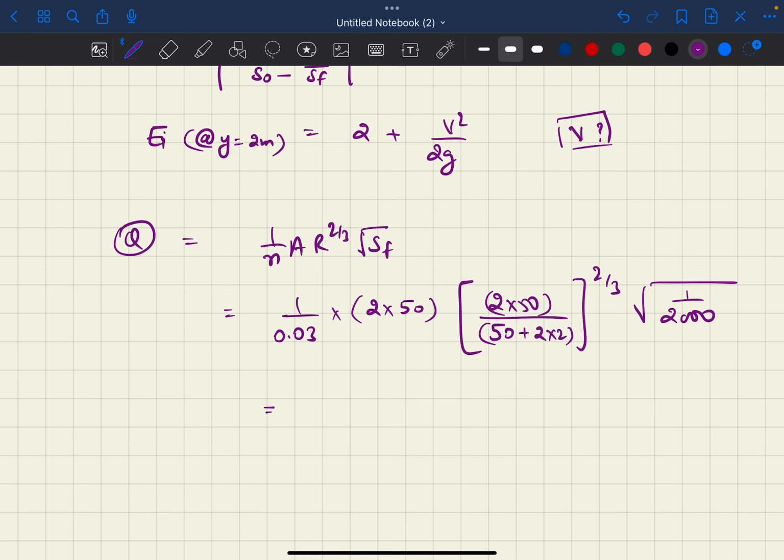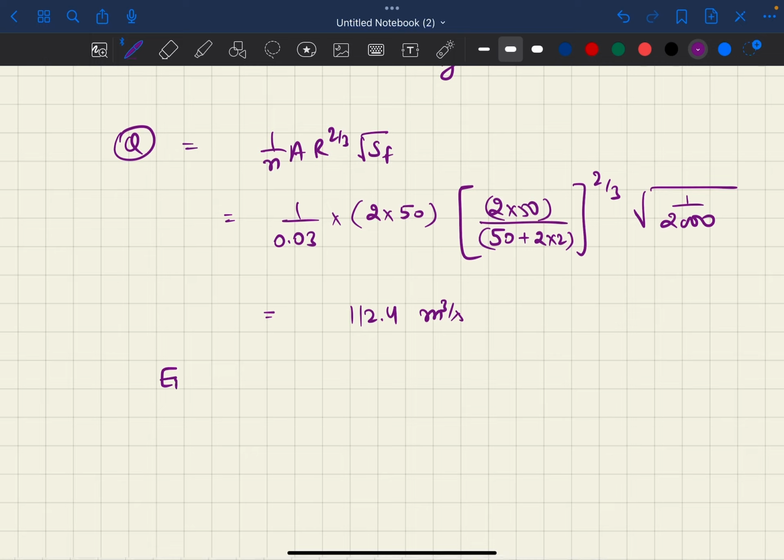I'll use my calculator here. So the discharge comes around 112.4 meter cube per second.